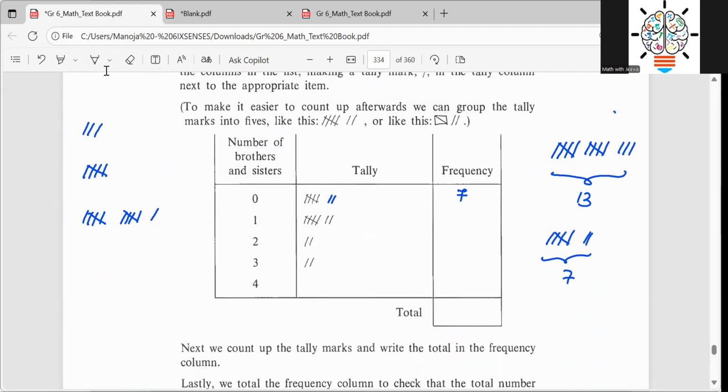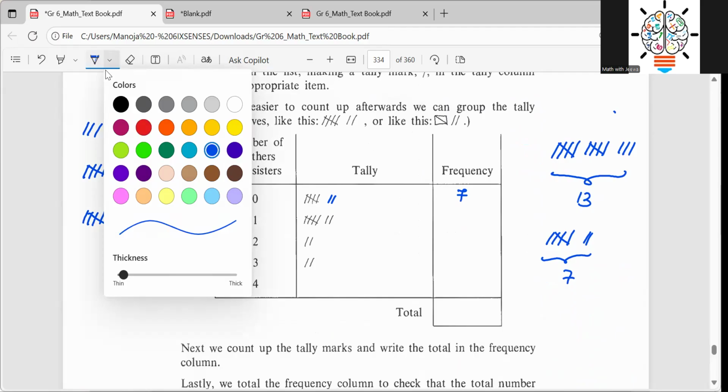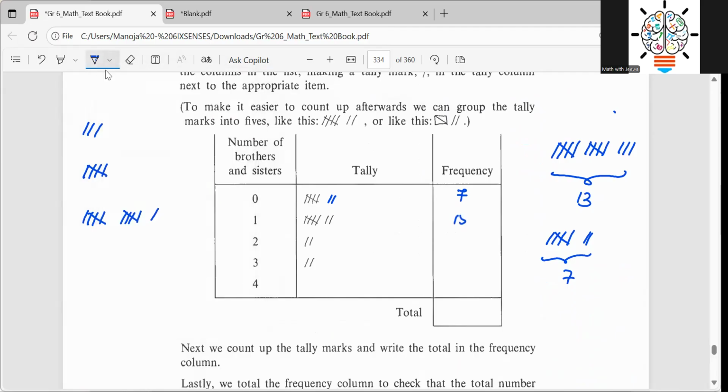So here I write 15. And how are we going to show that? 1, 2, 3, 4, 5, 6, 7, 8, 9, 10, 11, 12, 13, 14, 15. Right? So we have 15.